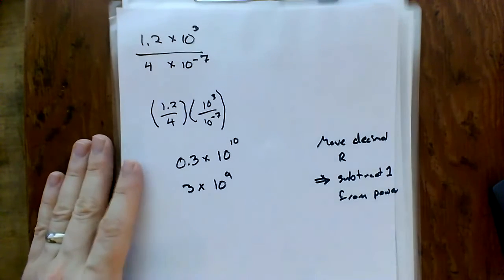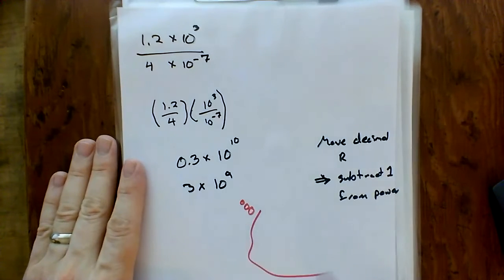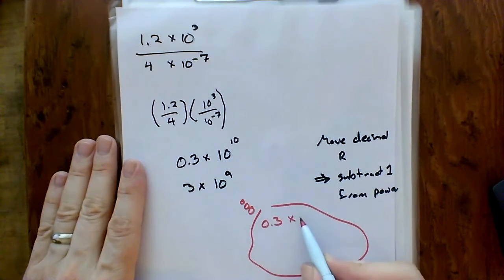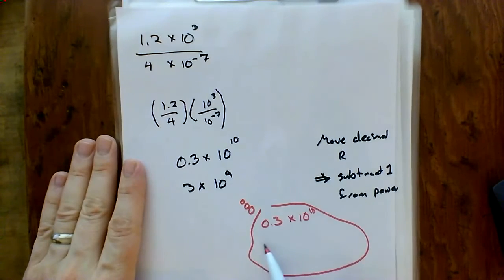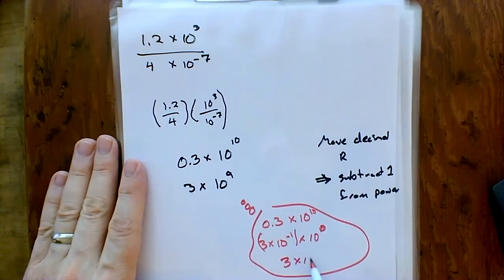Now, once again, the reasoning behind that is I could fairly easily write this out this way. So times 10 to the 10th, this would be 3 times 10 to the negative 1, and then times that 10 to the 10th. And it's pretty easy to see why I'm subtracting 1. So that's 3 times 10 to the 9th.